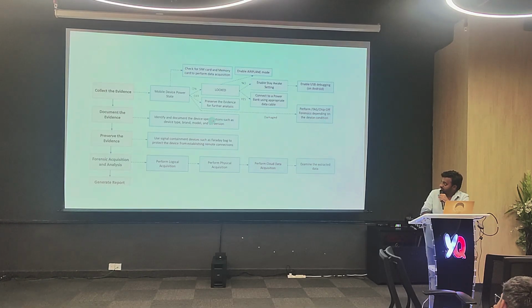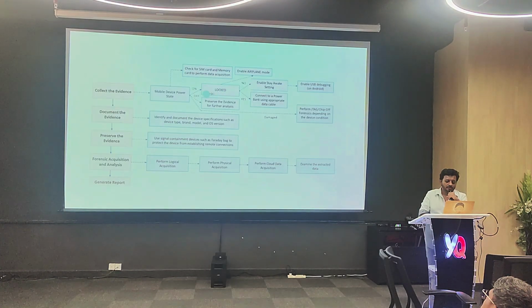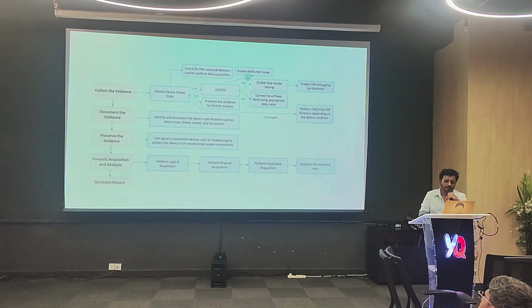The very first thing is we have to collect the evidence, and then check the power state of the mobile device. If it is on, we have to check whether it is locked or not, and we have to enable airplane mode. If it is not locked, we have to enable the stay awake settings, and then enable USB debugging.